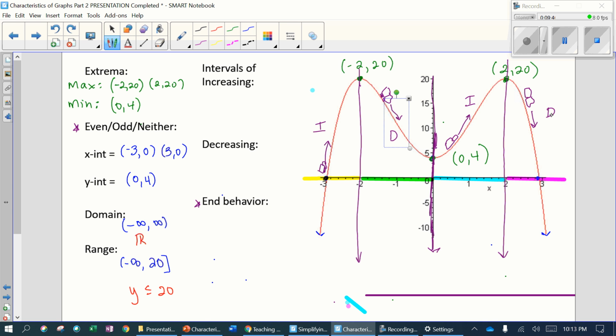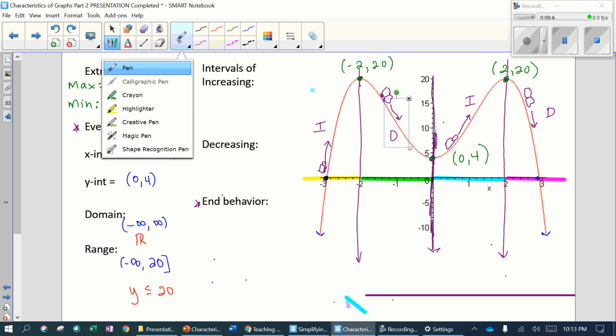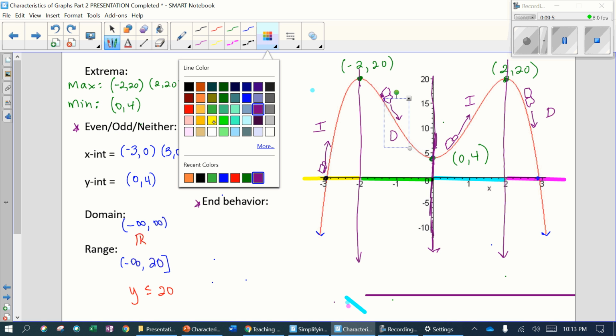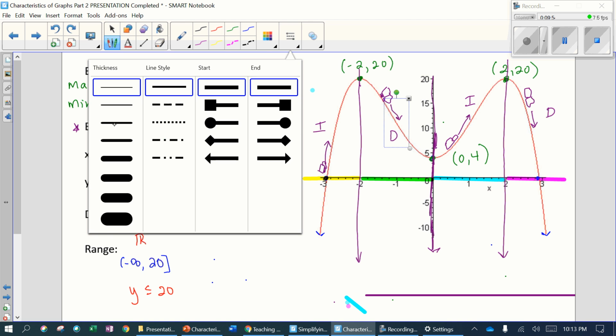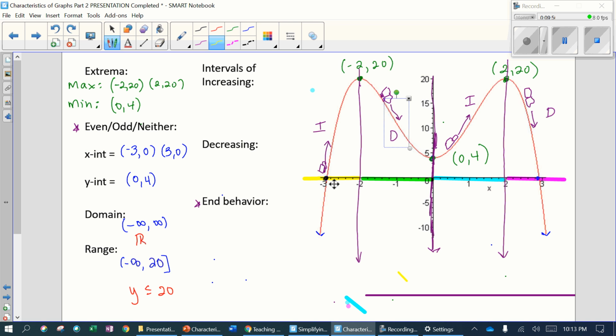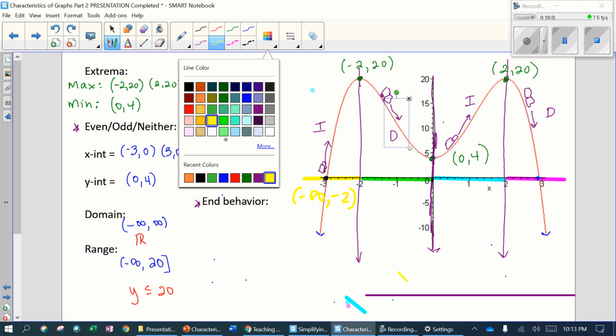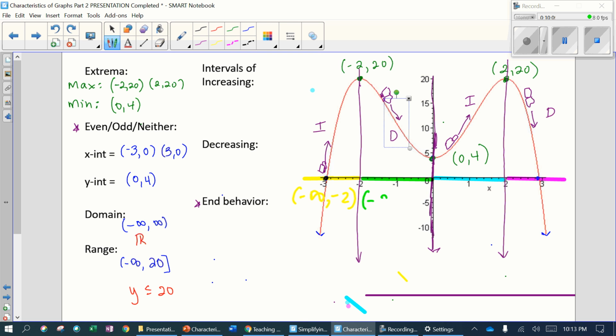All right, now you just have to describe it. So this yellow spot right here, this starts at negative infinity and it stops at negative 2. That's where the yellow stops. Then we've got this green part right here that starts at -2 and ends over here at 0.